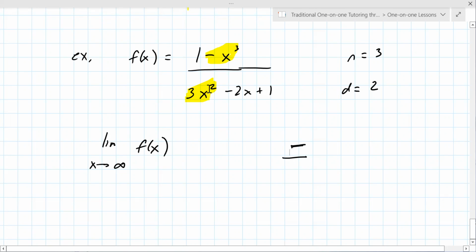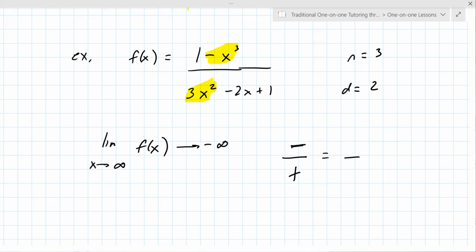On the bottom, you do the same thing. You square it, so you're squaring a positive number, it's positive. Times 3, it's still positive. So you have a negative over a positive, and that results in a negative. So this goes to negative infinity. So you can't just automatically assume the result is whatever it is.